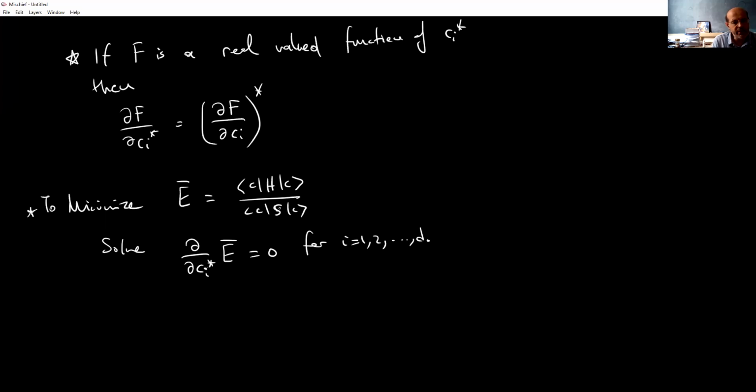How do we do this? Well, this is quite simple. Again, let's remember that this equation implies that the derivative of E bar with respect to Ci themselves are also equal to 0, which also implies that the derivative of E bar with respect to the real and imaginary parts of these parameters are equal to 0. Okay.